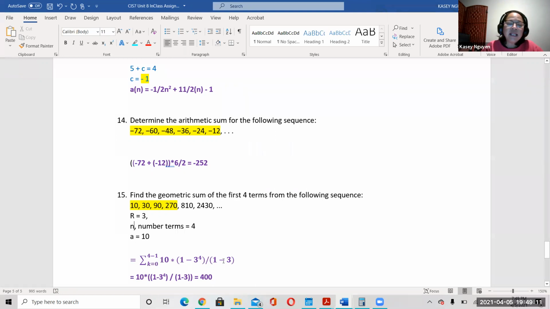Applying this, we would take the first number, which is 10, times 1 minus 3, which is your r, to the 4th, that's n, divided by 1 minus 3.